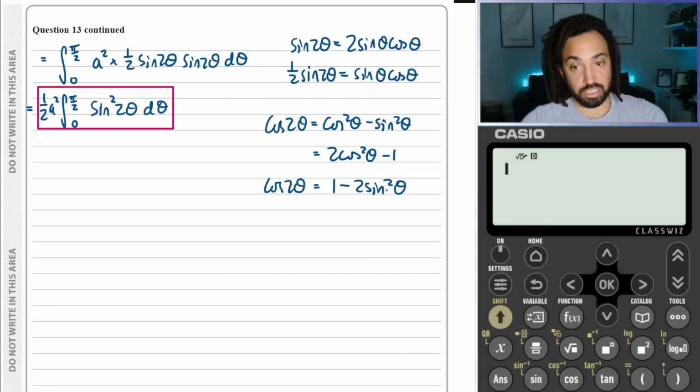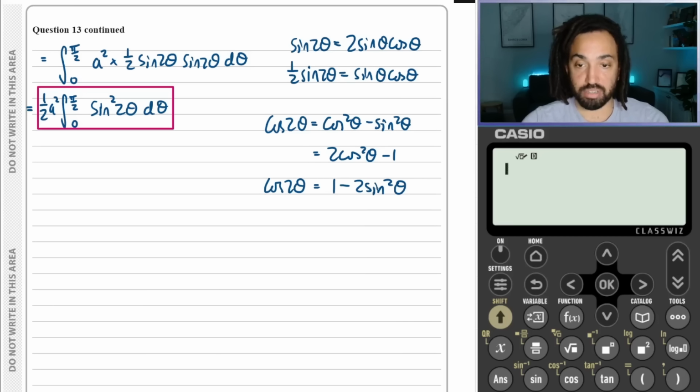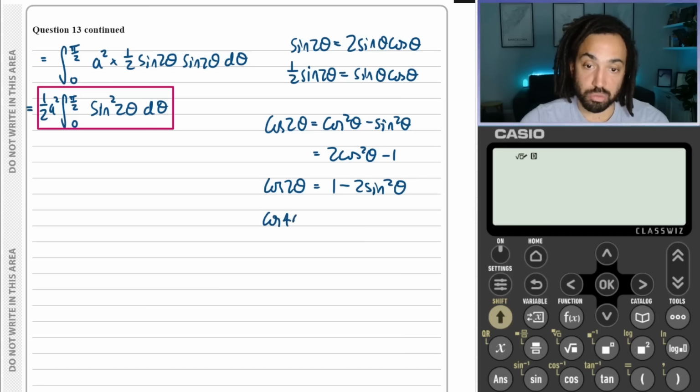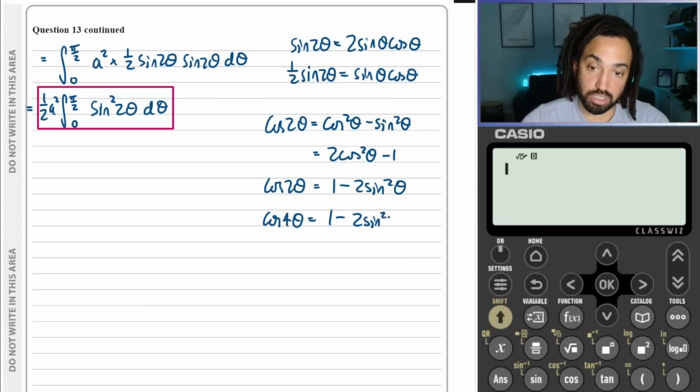But this will eventually give us an expression for sine squared, but we want to level this up because we want sine 2 theta squared. So we're just going to double the input here. We're going to turn this theta into a 2 theta, which is going to turn this 2 theta into a 4 theta. So we're going to say cos 4 theta is 1 minus 2 sine squared 2 theta.